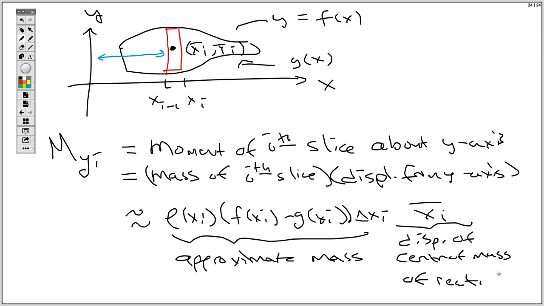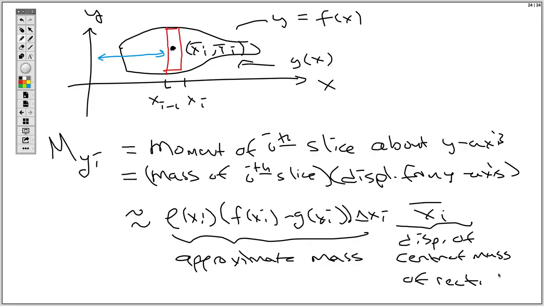So the moment about the y-axis, it's the mass of the ith slice times the displacement from the y-axis. To get the mass, we take the density times the area. Assuming we've chopped it up into very thin slices, the density of that slice is going to be constant. We'll call it rho of x sub i. That'll approximate the density for that entire subinterval. The area, we take the height of the rectangle times the width of the rectangle.